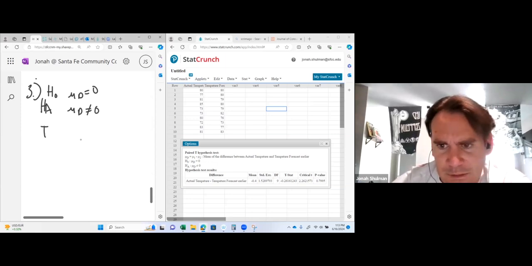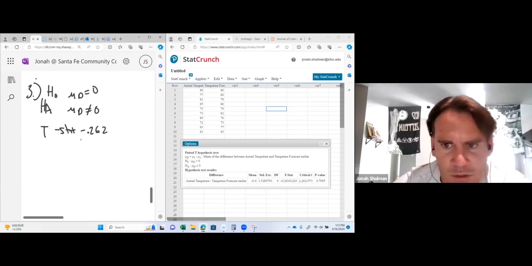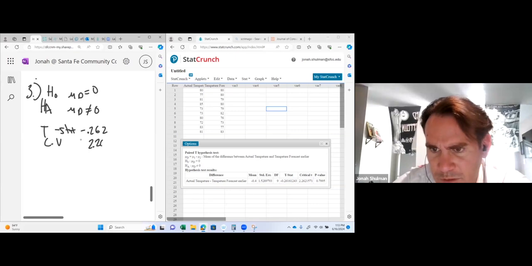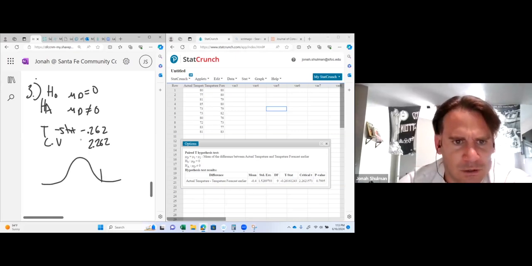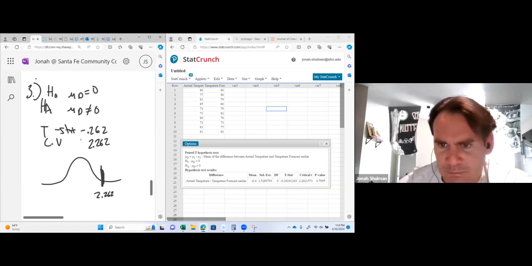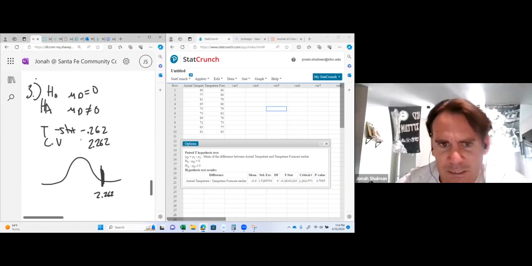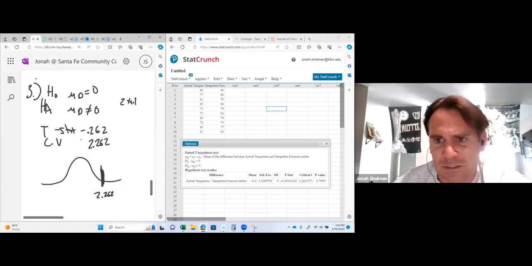Our t statistic here is negative 0.262, and our critical value is going to be 2.262. Not significant. What does that mean? So we're at this 2.262, and it's basically because it's just not equal to zero. We've got a kind of two-tailed idea happening. This is a two-tailed test. It just makes everything a little bit different.